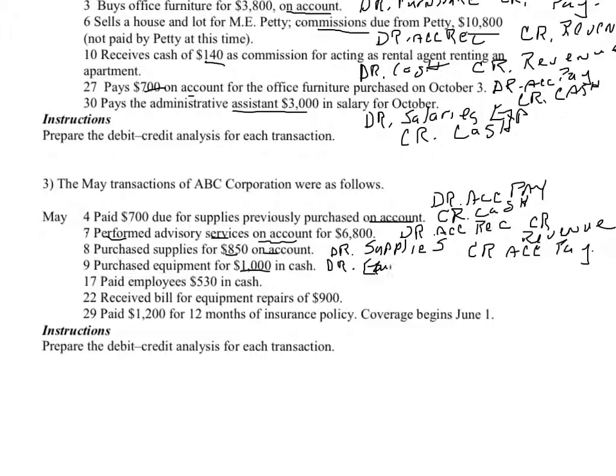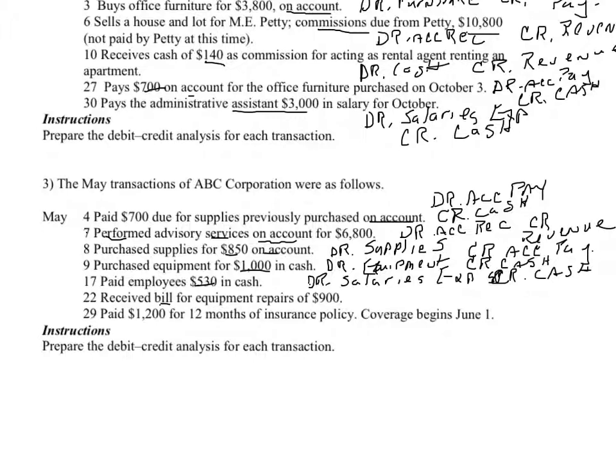It's an asset. And cash goes down, credit cash. Cash is an asset and a decrease in assets is a credit. Paid the employees $530. Okay, again, it's an expense. Debit salaries expense $530, and credit cash.